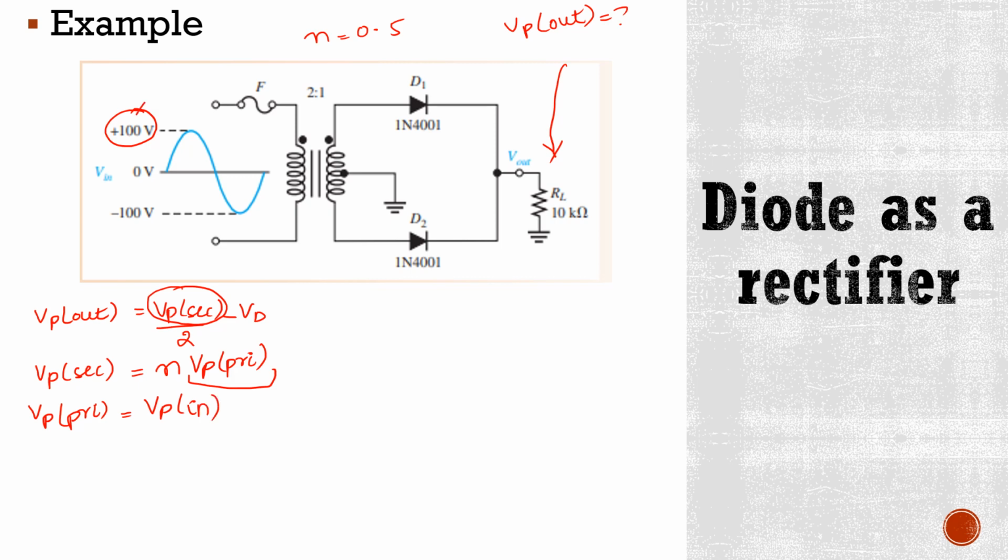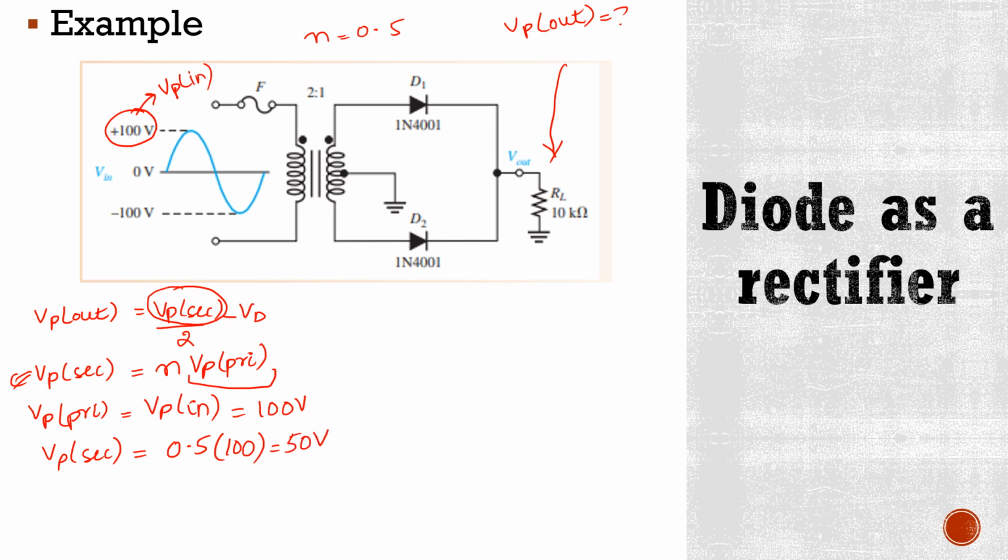Here the input voltage is 100 volts. Now we put this value of peak primary voltage in this equation. So we get peak secondary voltage is equal to 0.5 multiplied by 100, and it will give us 50 volts.